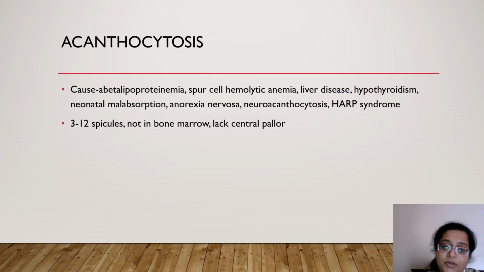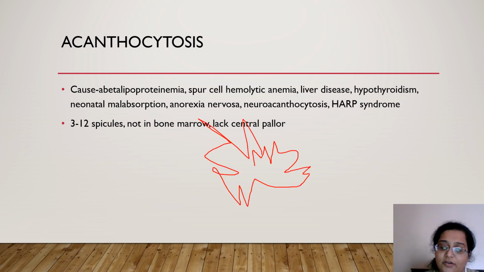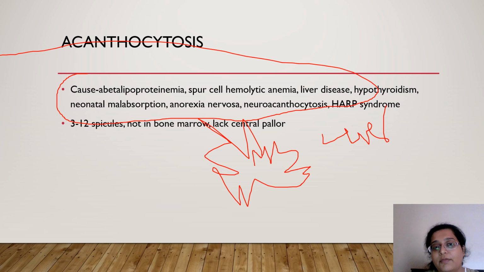Acanthocytes, I've told you, are RBCs with around 3 to 12 irregular spicules on the surface. The most common cause is liver disease, but you should rule out all these causes before naming something as hereditary. Also, this can be seen in iron deficiency.